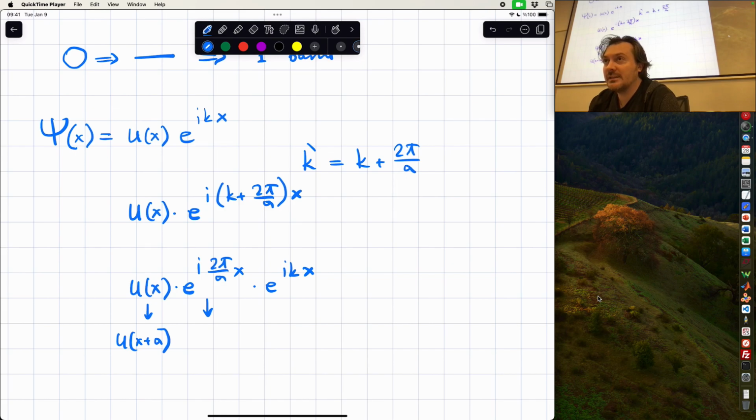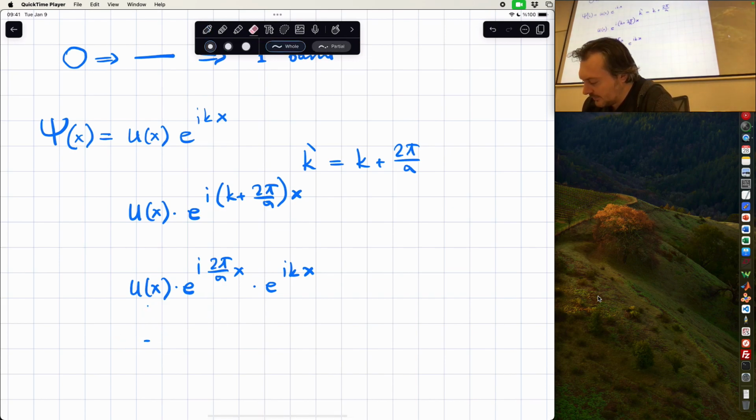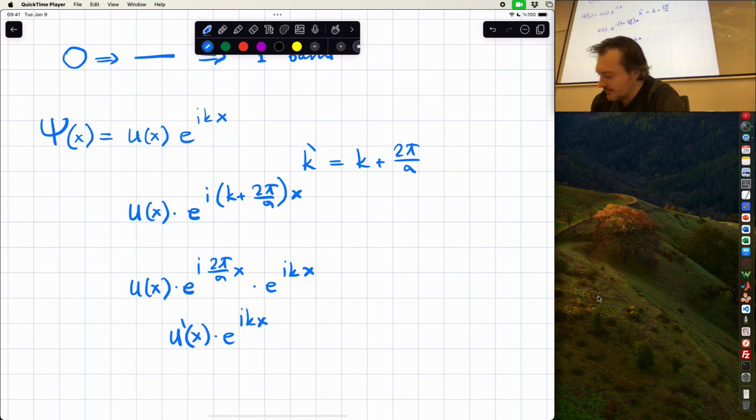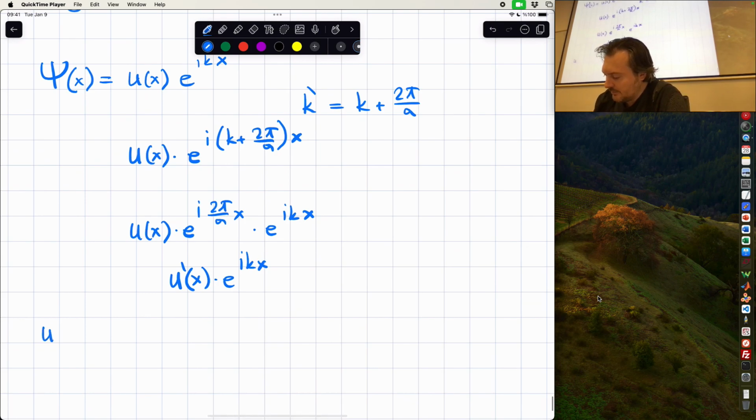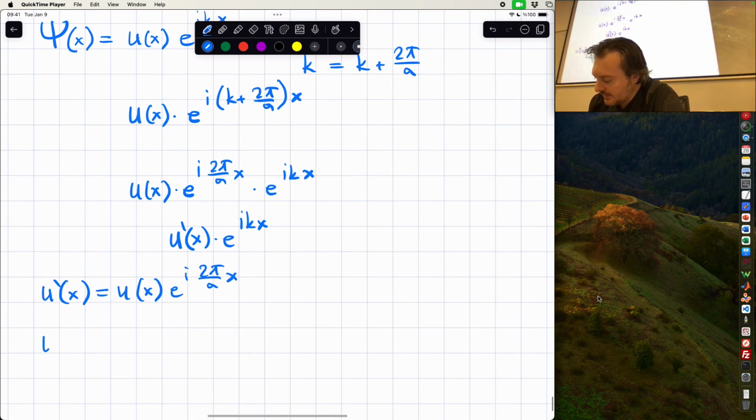Isn't that also the case for that one? So let me do it this way. I'm going to write it as u prime of x times e to the ikx, where u prime of x is u of x e to the i 2 pi over a x, right? Now, if I go like this, then I get what?